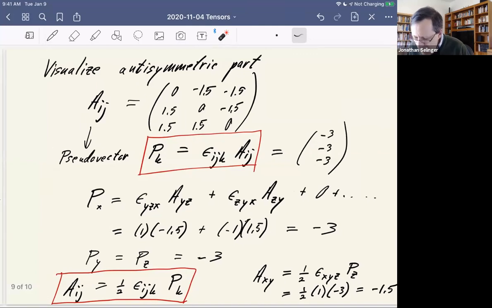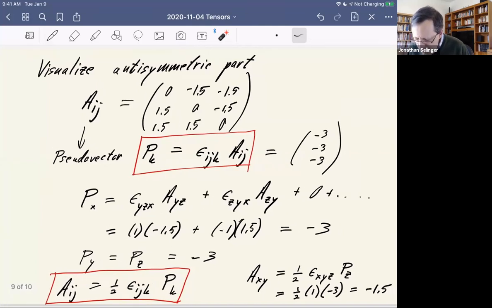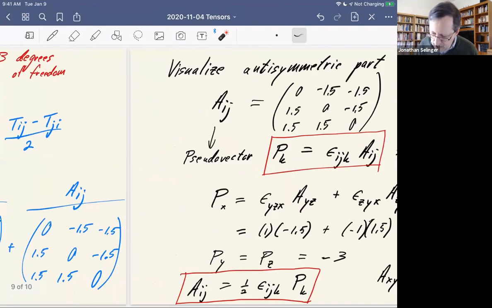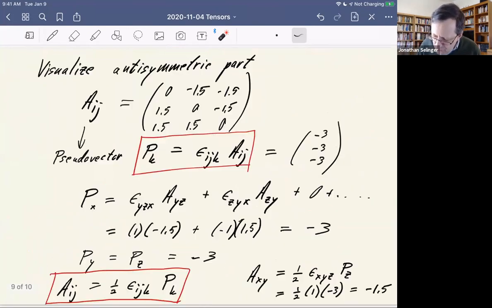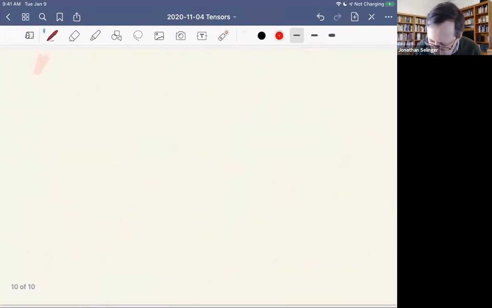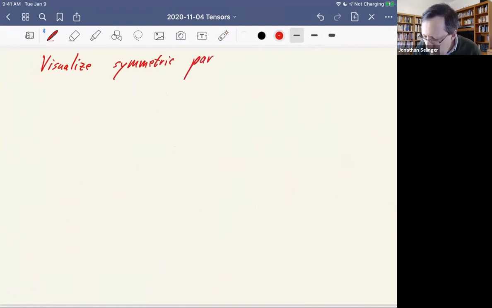Now, what about the symmetric part? If we want to visualize the symmetric part, we know that has 6 degrees of freedom.